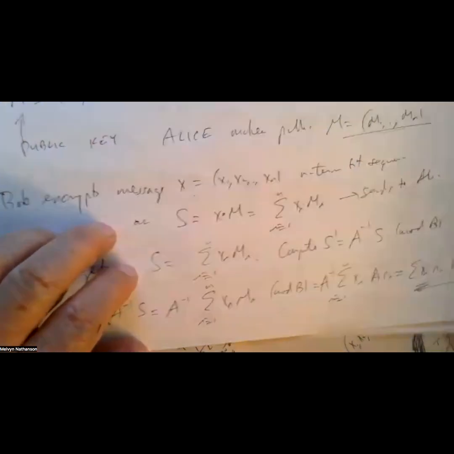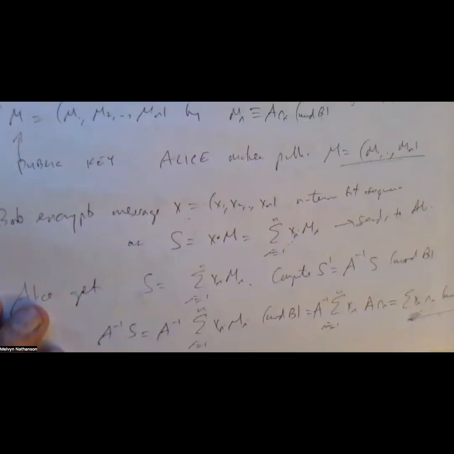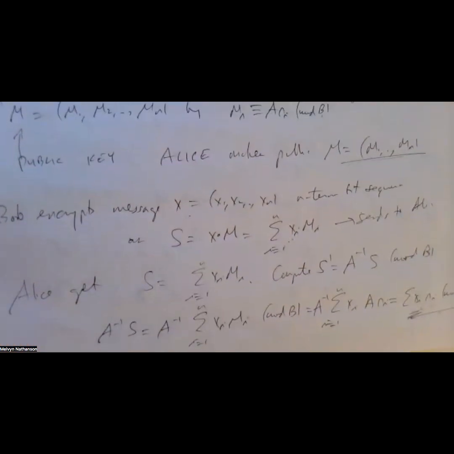And in order to do the decryption, you need to know these secret numbers A and B. And only Alice knows this. Bob doesn't know it. Eve doesn't know it. So that's this encryption scheme.